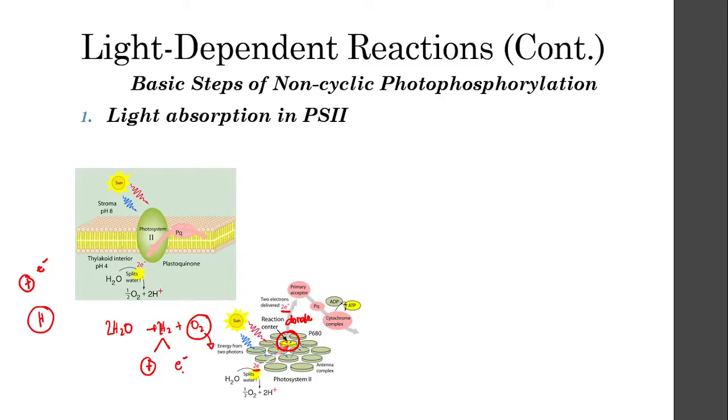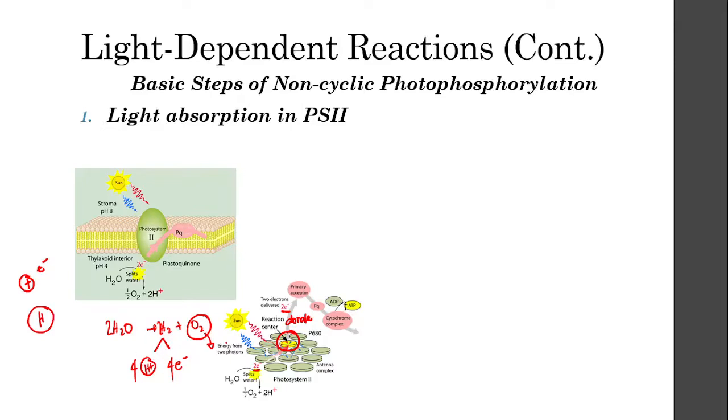In the end we have 4 protons and 4 electrons that are transferred. These 4 electrons will replenish the electron missing from your reaction center, and these 4 protons, which we usually also write as H plus, will be added onto your proton gradient. I hope that is clear, but we will discuss this again later.